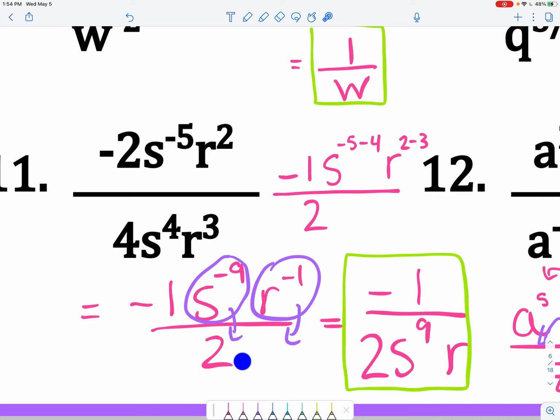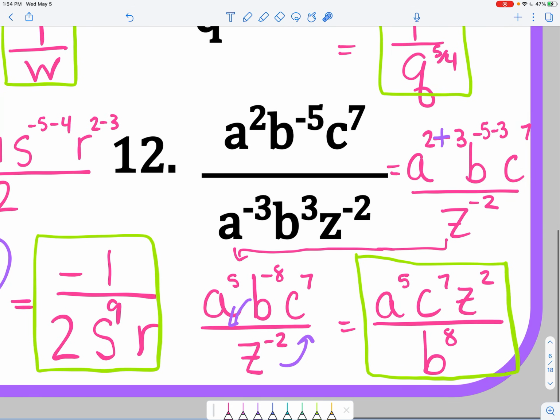So both of these end up moving down to the denominator where my 2 is. This looks like a 5, but it's not. This is a 2s. Let me try writing that a little clearer. This is an s. 2s to the power 9 times r to the power 1. And notice I don't have to write that exponent of 1 on the r. It's understood to be there.